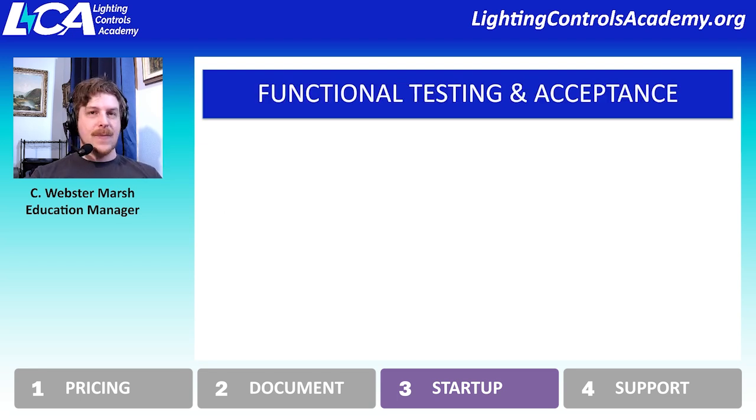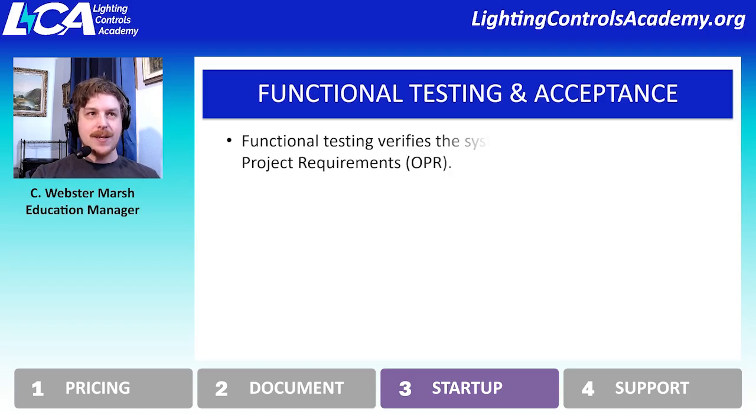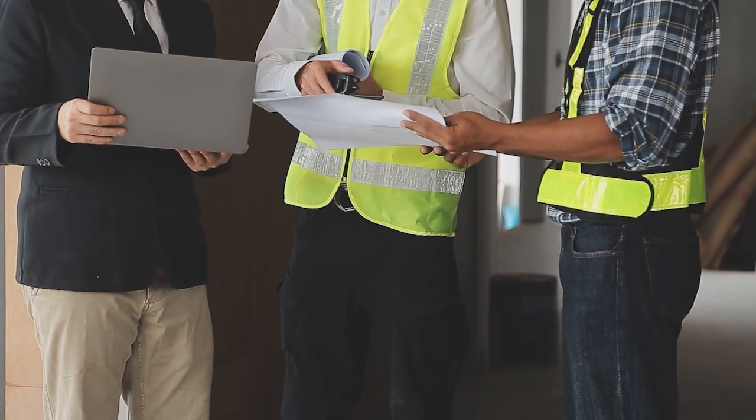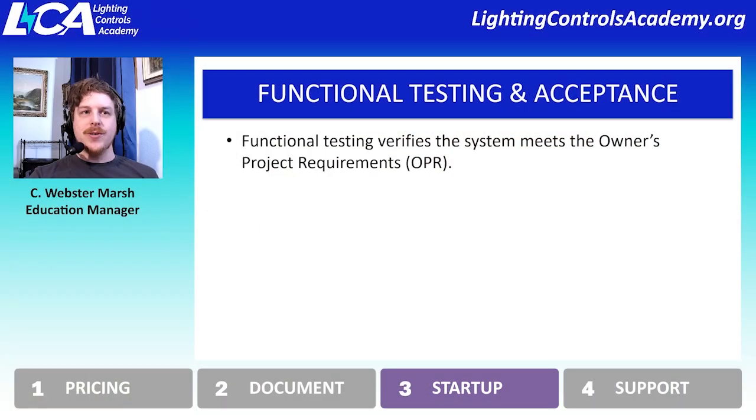All right, so how do we make sure that the system is behaving correctly once it's been programmed? That's how we come to functional testing and the acceptance process. Functional testing is going to verify that the system is behaving the way that it was specified. So it might be per the owner's project requirements or the sequence of operations or other documentation out there.